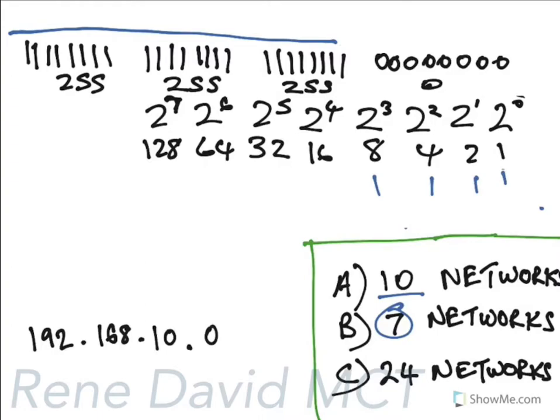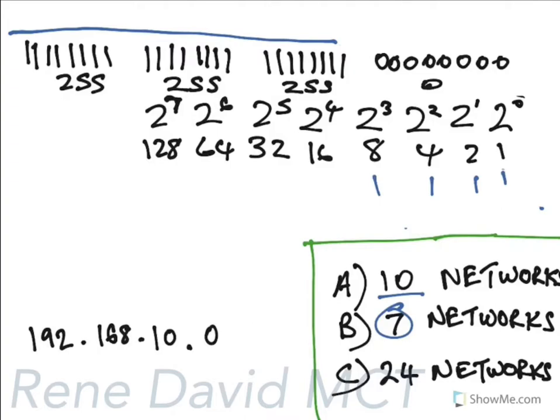So this is a bit of a tricky situation. If you do get it in an exam, just be careful with the wording of the question. As I said, if you're running legacy equipment, err on the side of caution, go the extra bit.